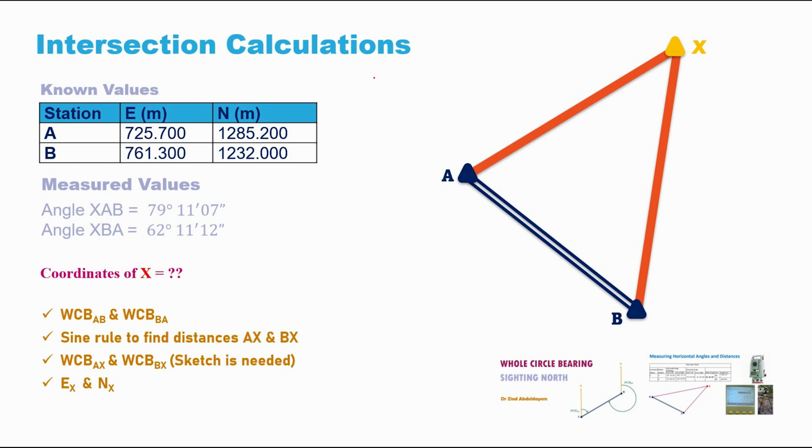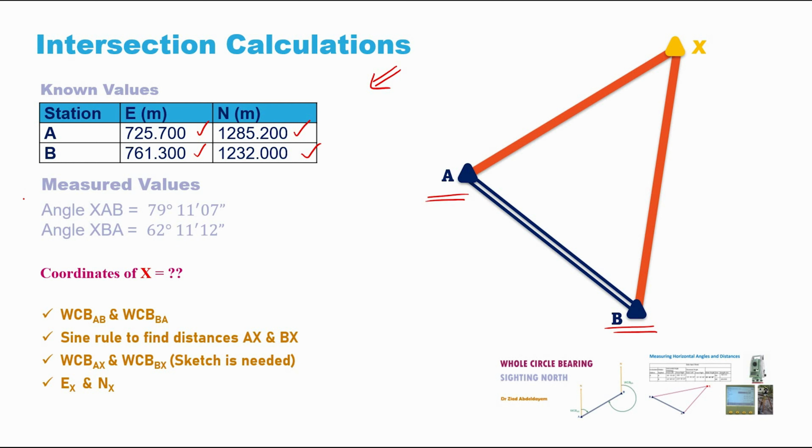So in our example, guys, we have the coordinates of the known survey stations A and B, easting and northing of A, easting and northing of B. They are given in this table here. So we have all the coordinates for these two known stations.